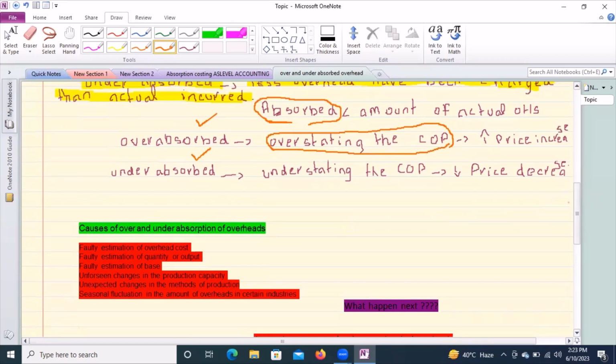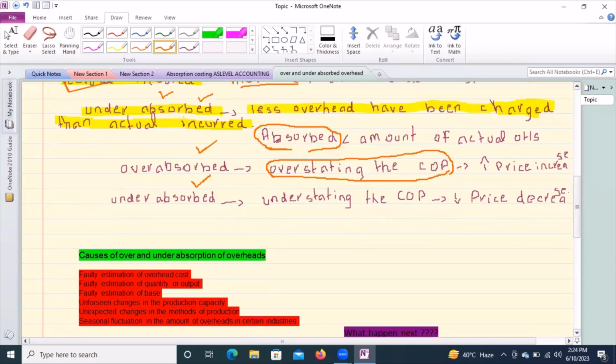I just want to give you an example. For example, you forecasted that your overheads are 100,000. Not 100,000. I think I should write a little amount, because this is just an example. Okay. For example, you forecasted that your overheads for this year may be 100.